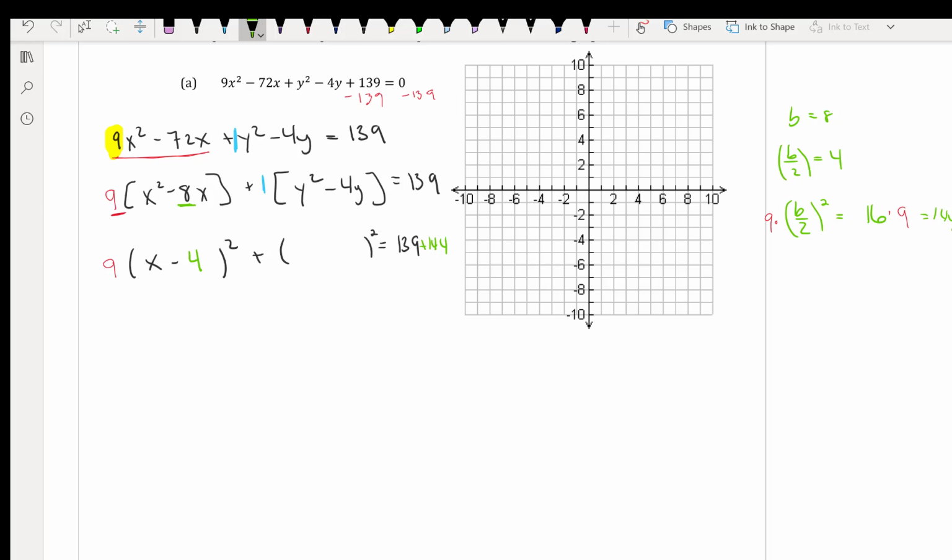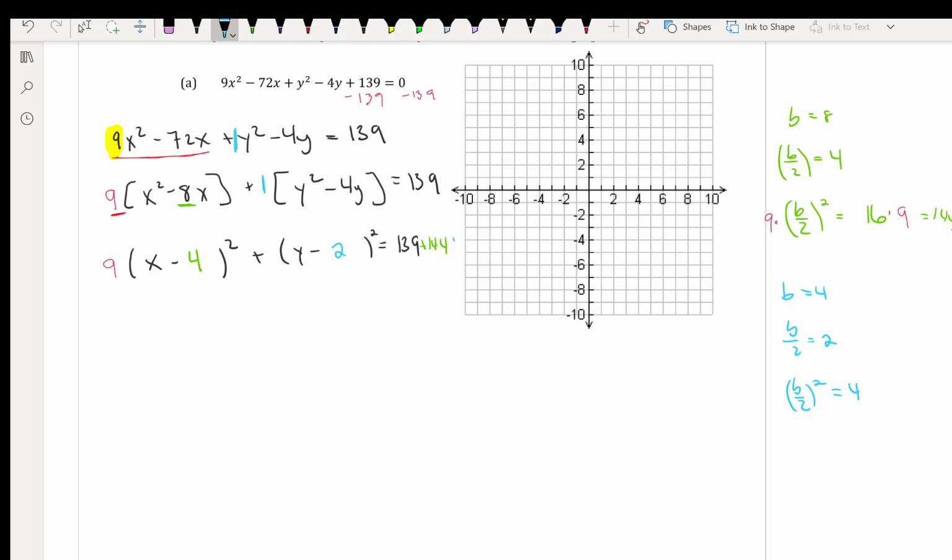So now for my y values, I have y minus, now I'm going to think about this. I have my b value as a 4. So if I divide that by 2, that's 2. And if I square that, that would be 4. And the number out in front is 1, so that doesn't change. So I'm going to have my b divided by 2 value that I plug in, which is 2.